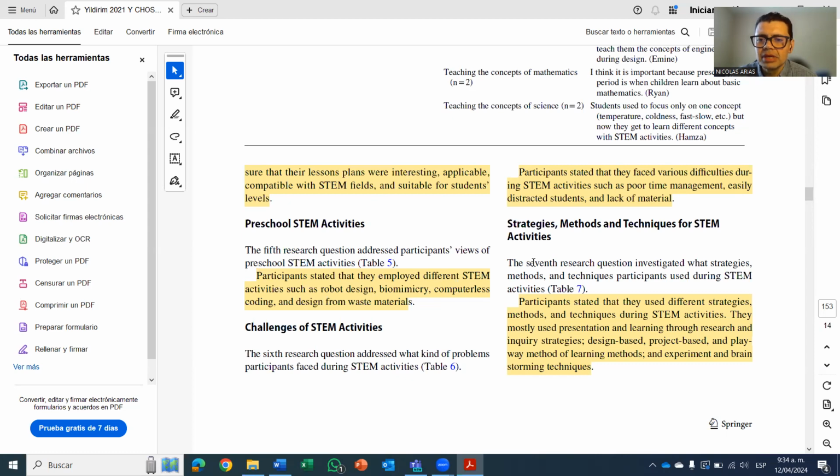And for the strategies, methods and techniques for STEM activities, participants say that they use different ones. They mostly use presentation and learning through research and inquiry strategies, design-based, project-based, and play way method of learning methods, and experiment and brainstorming techniques as different strategies designed by them.